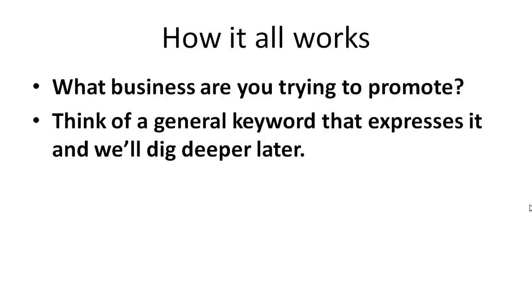So I want to keep my general keyword to something like puppy. If I keep it to puppy, then that will give me a bird's eye view of all of the other keywords that might relate to puppy training. It might not be puppy training, but it might relate to it in some sort of fashion. So that's what I mean by general keyword.